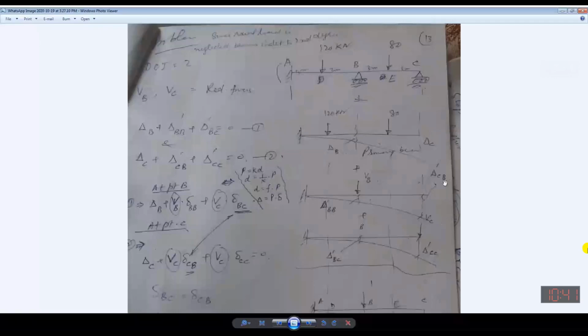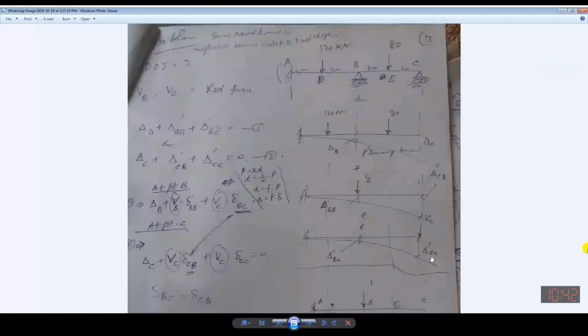Deflection at C due to redundant load at C. Shabash. So everybody is listening that this is the definition, the explanation of this notation: deflection at C due to force at C, and deflection at C due to force at B.